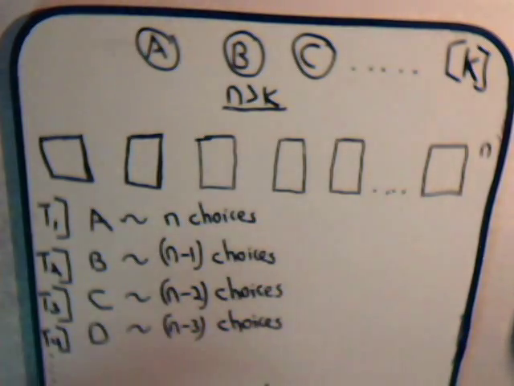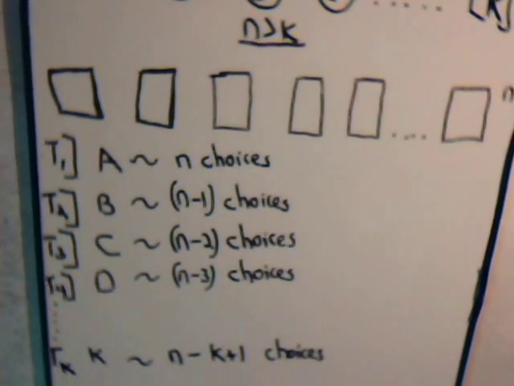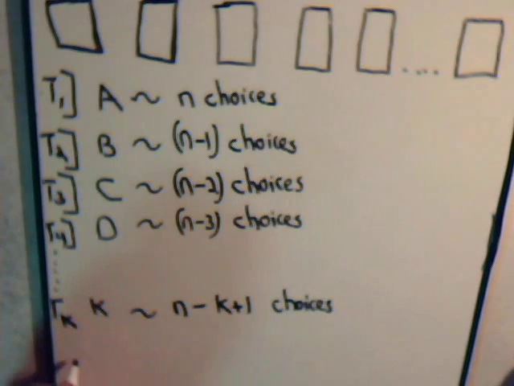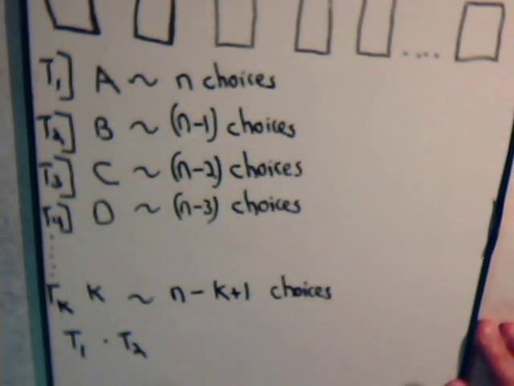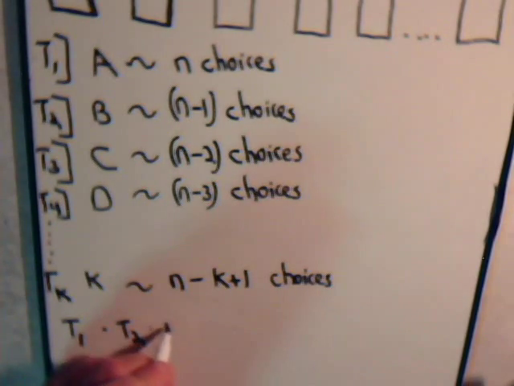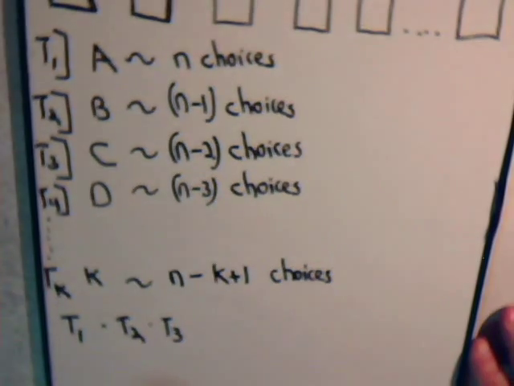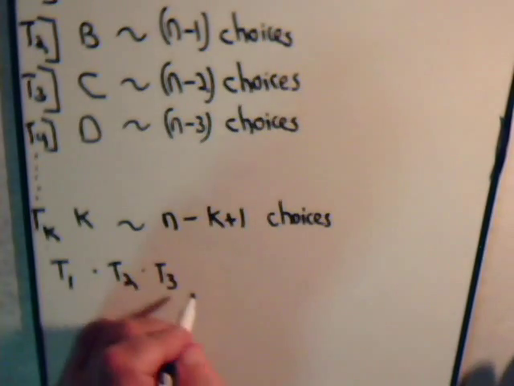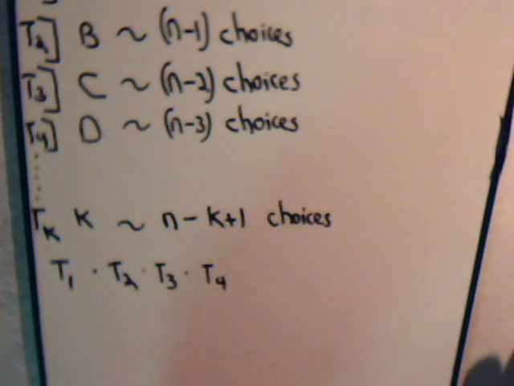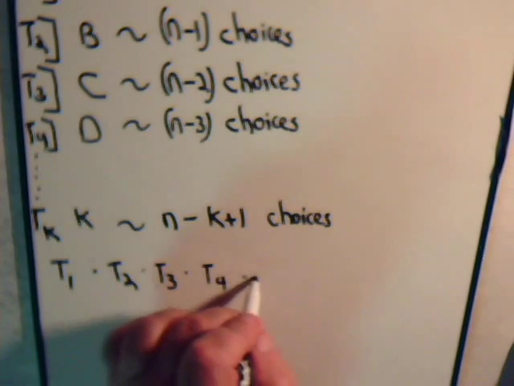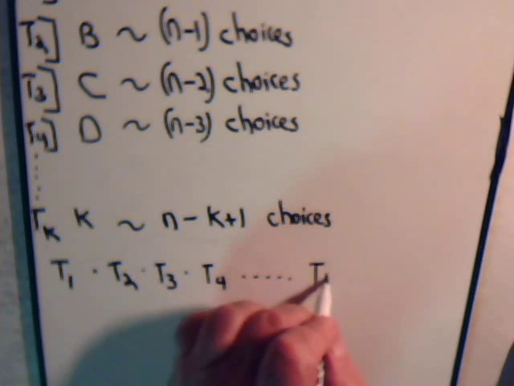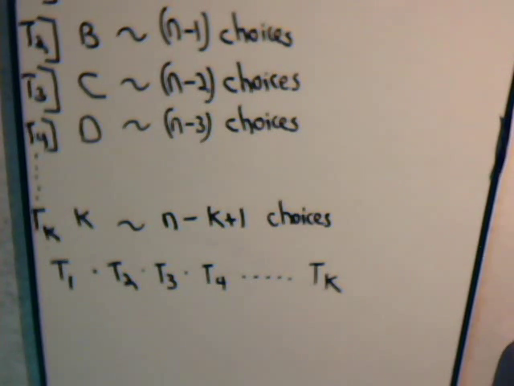What's the total number of ways that we can do that? The answer, using the counting principle, is the total number of ways that you can perform task 1 times the total number of ways you can perform task 2 times the total number of ways you can perform task 3 times the total number of ways you can perform task 4, all the way down to performing task k.